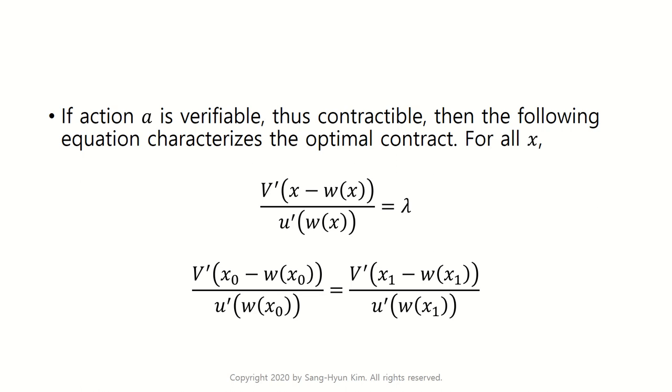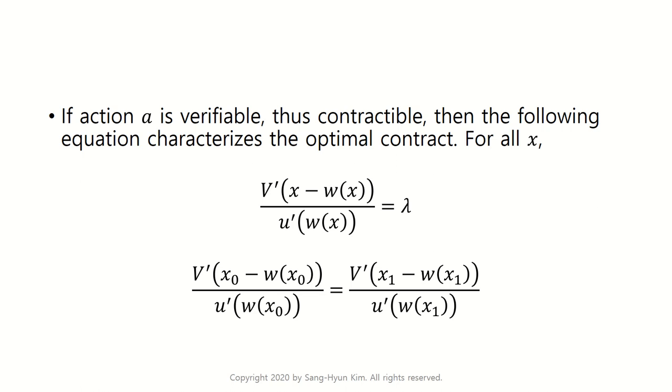We want the risk to be shared optimally. You see this equivalence, right? Maximizing the social surplus is the same here, in this situation. Maximizing social surplus is equivalent to sharing the risk optimally.